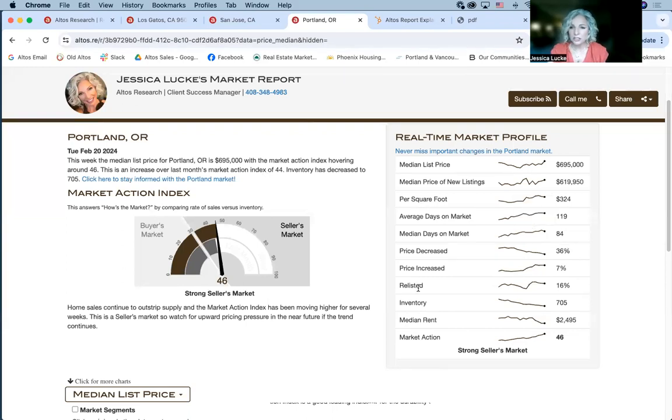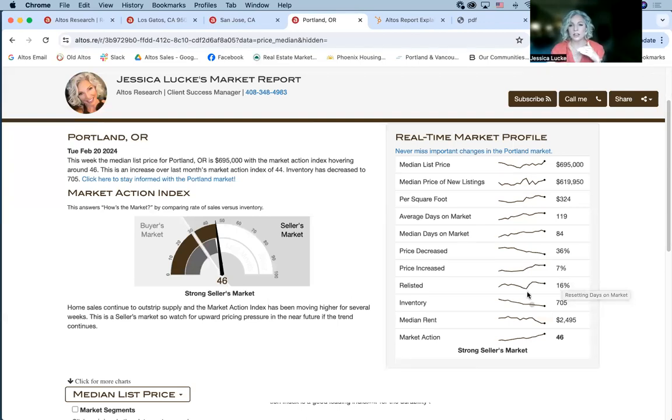Okay. Now, the other one is relisted. Wow, 10% or less is typical. This is at 16. Are we really, really concerned about it? Not so much, because it's been bouncing around in that area over the last few months, right? And so what we're really looking at with the relisted is a significant increase in a short period of time. And so when you see that, you'll start seeing a cooling effect in the market.